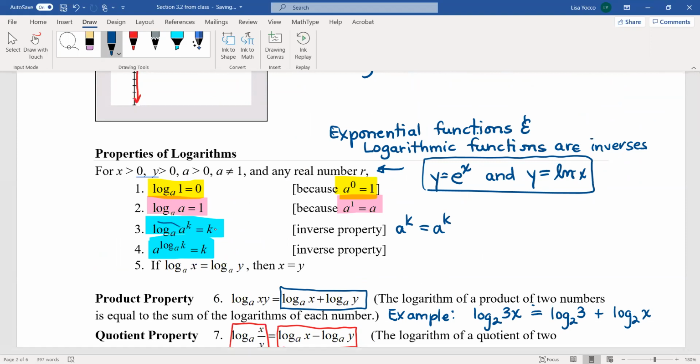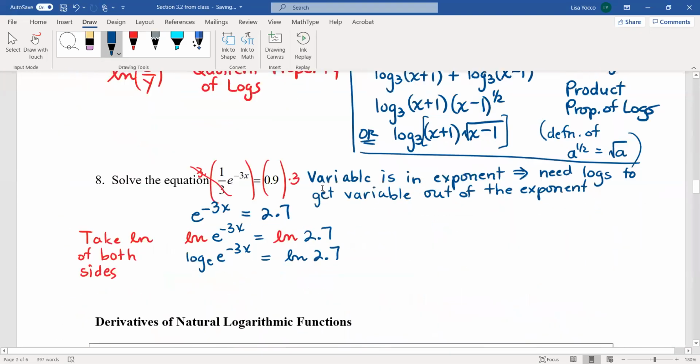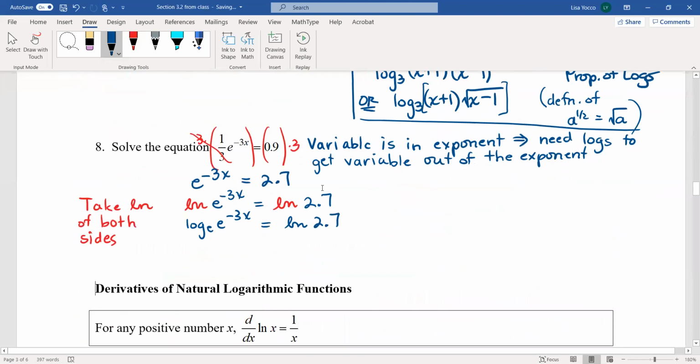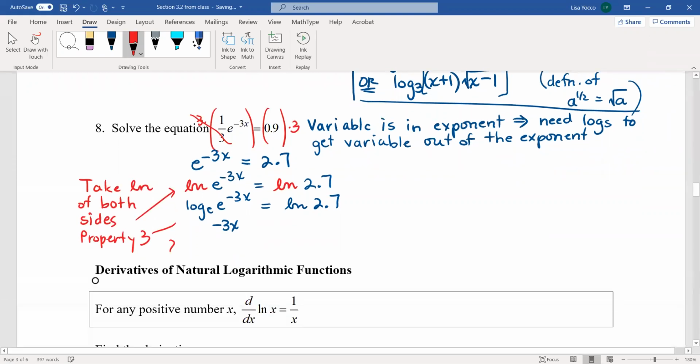This is kind of a canceling situation, really an inverse situation. So log with the base e of e to the negative 3x is just negative 3x. That's property 3 from above. So that just becomes negative 3x.